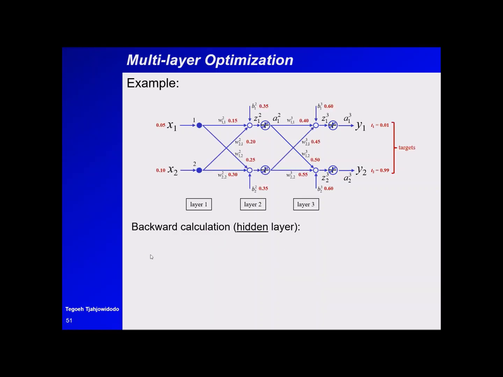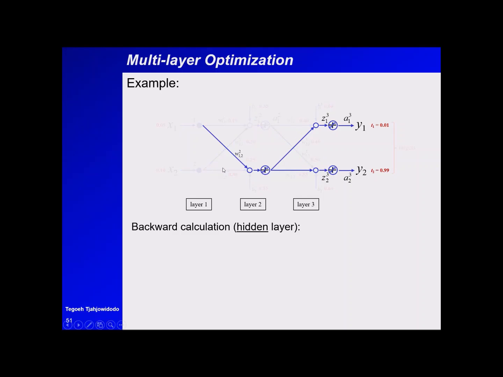You have to do it again for, let's say, W122. None of these terms can be neglected because W122 contributes to Y1 as well as Y2. So you have to calculate them all.